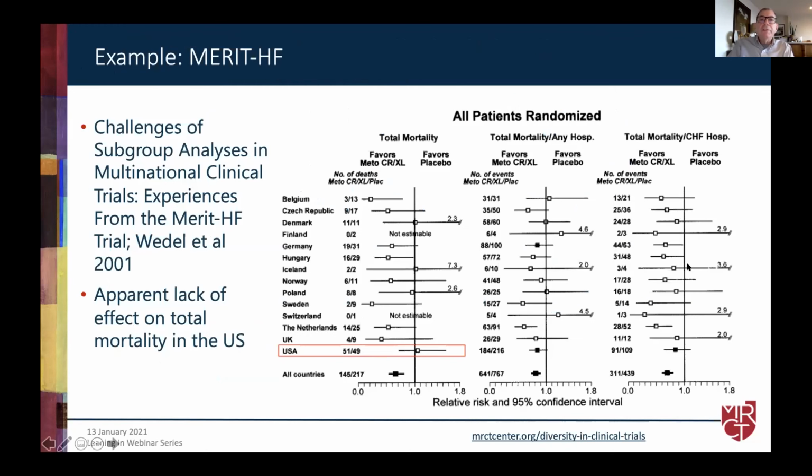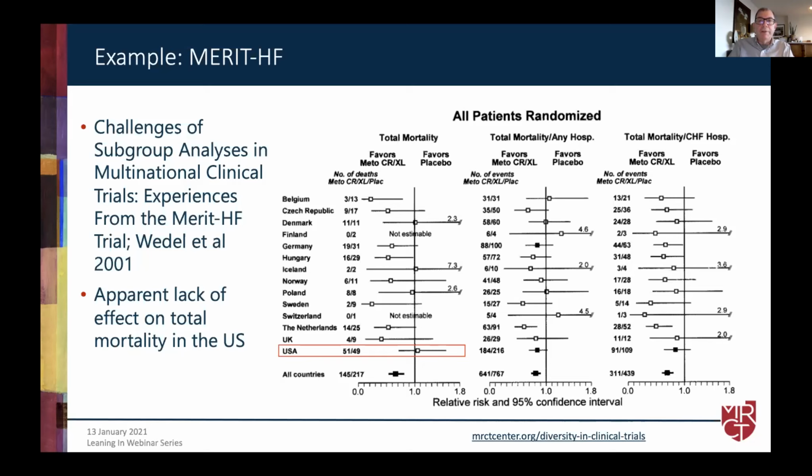Okay, so just as a couple of examples from my experience where heterogeneity has been observed. So this is one that goes back a couple of decades. It was a trial in patients with heart failure looking at the beta blocker metoprolol, where at least for one important outcome, total mortality, so you can see in red, the results in the United States showed no benefit on overall mortality, while for the study as a whole, there was a fairly substantial benefit.